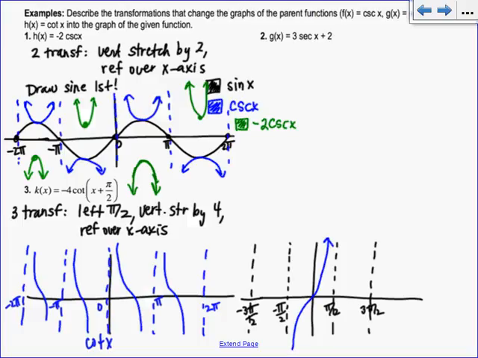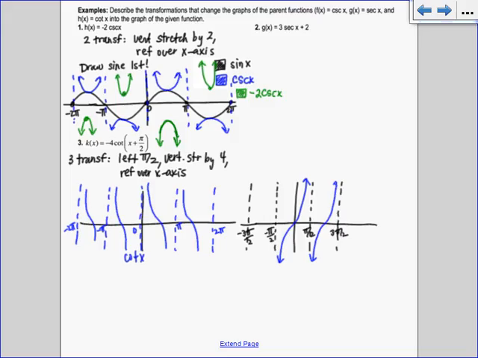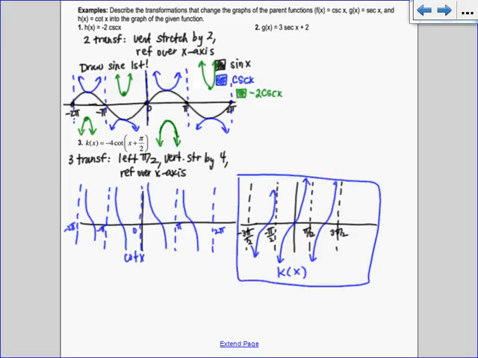It's really the same as 4 times tangent of x, the new graph that we have. What is the shift? That moved us left pi over 2. It moved all of our asymptotes, our starting positions. Do you see that? So that's our graph. So this is k of x here. This is our final answer.